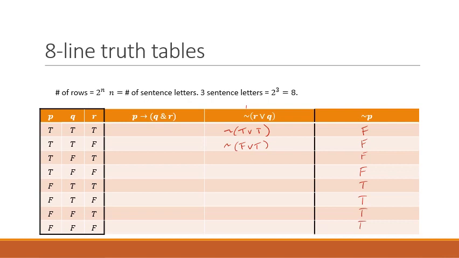But you've got to remember we still have that negation to deal with. So if it's true, true, true, false, true, true, true, false, then it gets negated. It'll be false, false, false, true, false, false, false, true. So there we go, that's that column here. And then over here for the first premise, we have P arrow, Q and R.